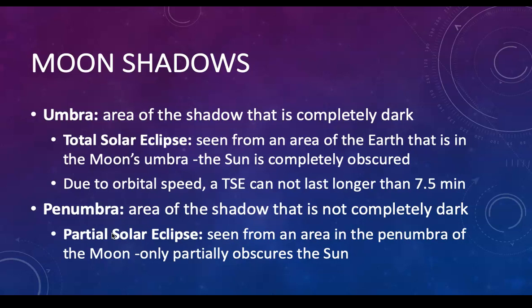So, total solar eclipse. And this is where I said there are so many varieties of this, and I don't think I'm going to get too deep testing-wise. We'll try to keep it fairly generic for you here. You could plan on seeing umbra and penumbra, but as far as total solar and partial solar, I don't think we'll go that far. You'll certainly see solar eclipse. Anyhow, a total solar eclipse is seen from an area of the Earth that is in the moon's umbra.